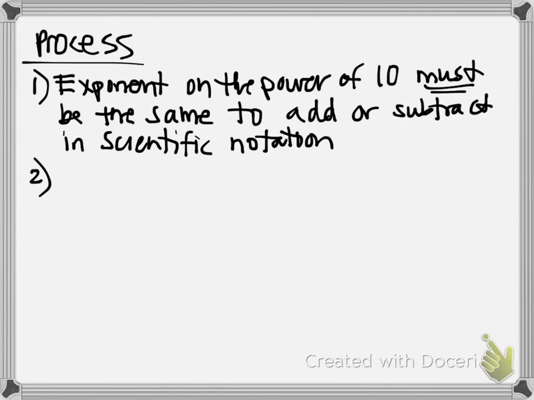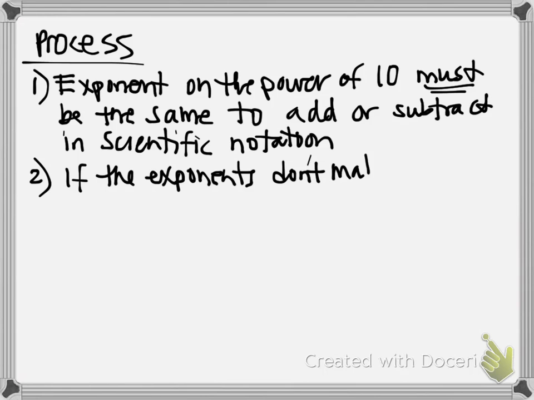Rule 2: if the exponents don't match, which most likely will be the case, we have a protocol. We're actually doing what I like to call prep. We're prepping the problem to do the math. And if we don't do the prep, we can't do the math.